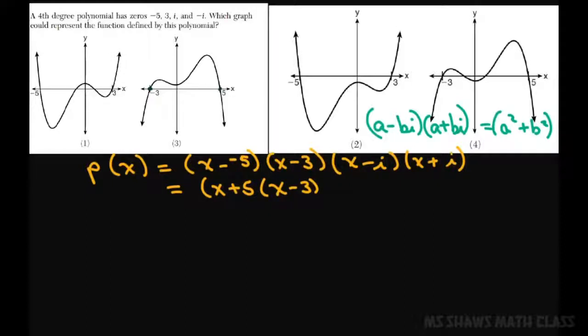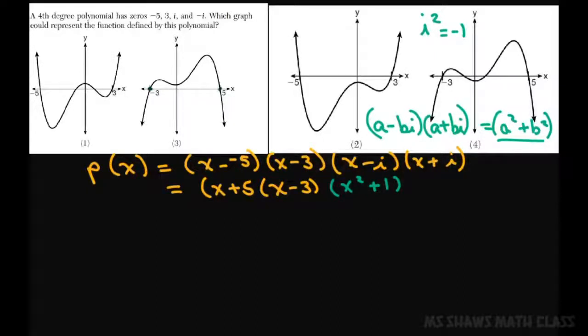Because the square root of i is going to be -1. Or not the square root, the square. So that's what we get there. So this is just going to be x squared plus 1.